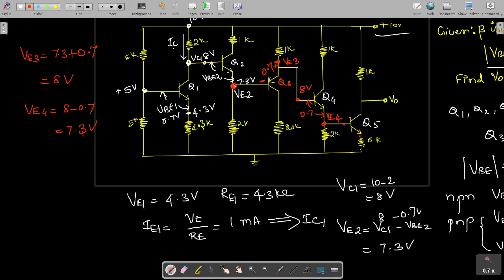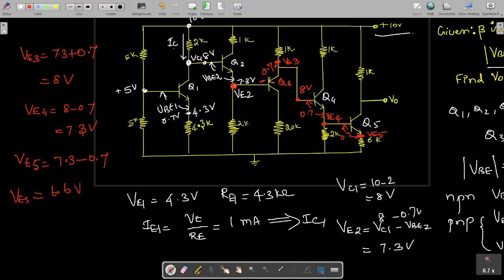After that also you will be having a voltage drop across this, that is 0.7 volt. So at this point it is VE5, and we can measure VE5. How much is available here at VE4? 7.3. So that 7.3 minus this voltage drop of 0.7 volts, you'll be getting this as 6.6 volt.